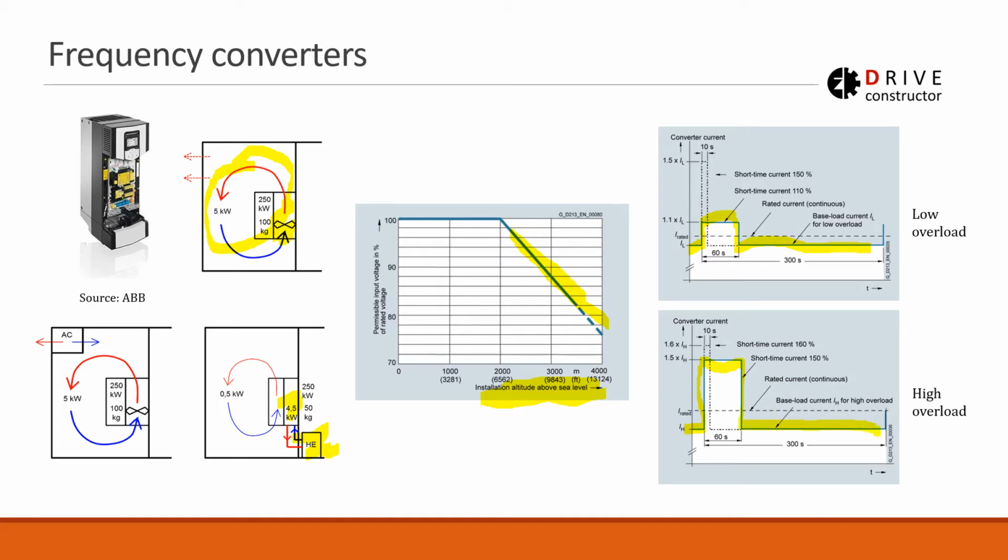So the same frequency converter can be run with this kind of overload when the overload itself is quite close to the rated current, and the same converter can be run like that when the rated current and the converter current are a little bit further from each other.